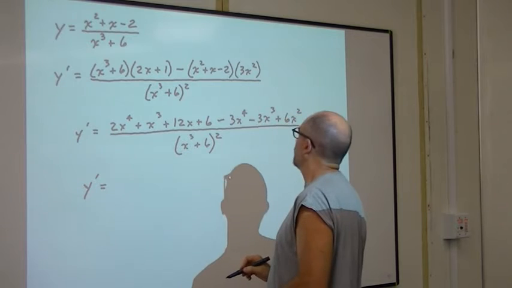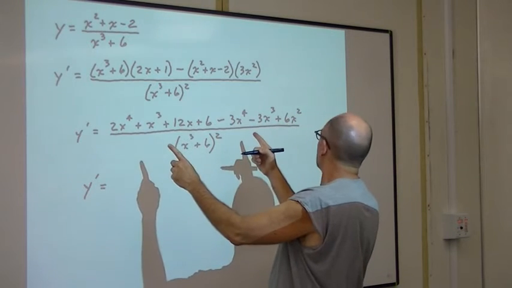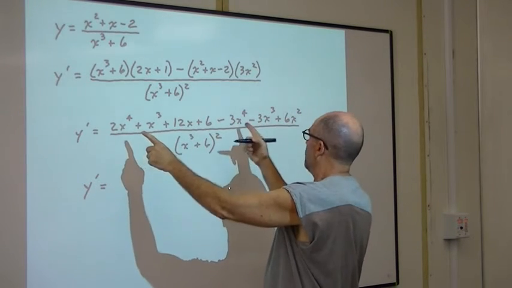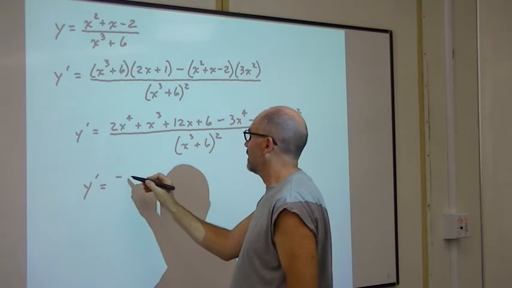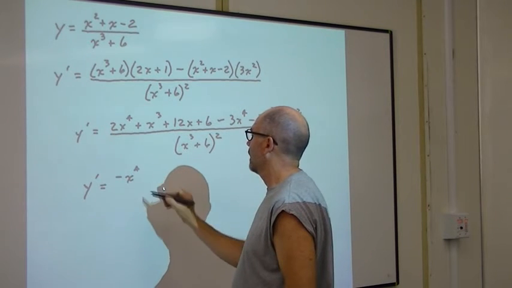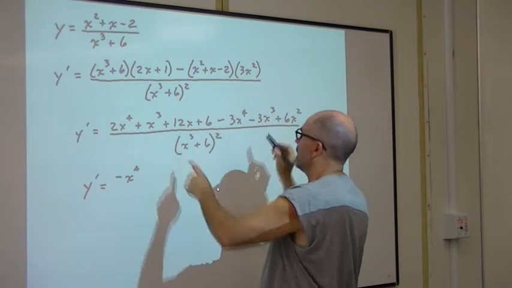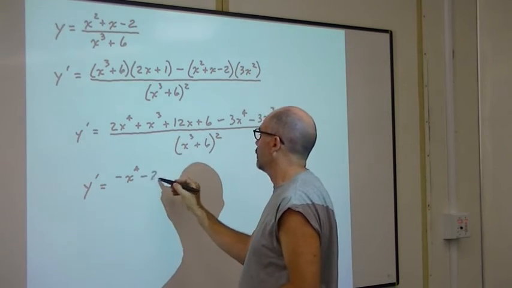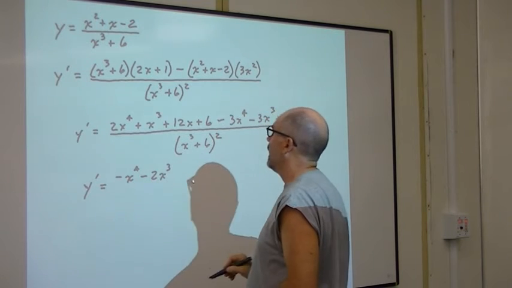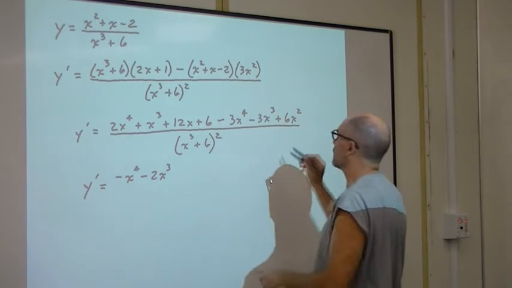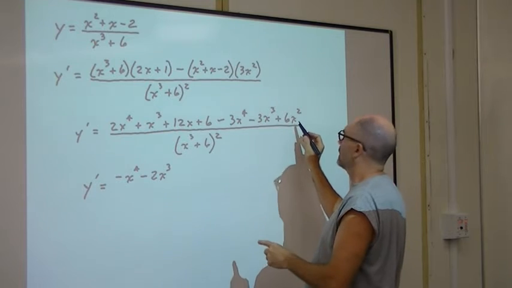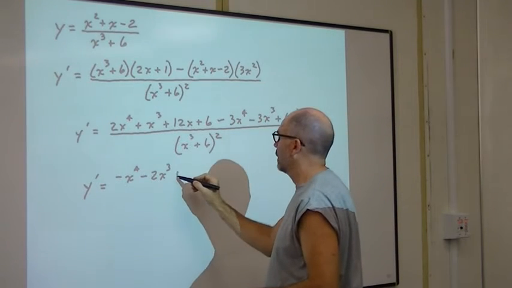So I end up with y prime equals, now we've got our x to the fourth, 2 minus 3 is a negative x to the fourth. And then we've got our x cubed, which is 1 minus 3 is minus 2x cubed. And then we've got our x squares, which is a plus 6x squared.